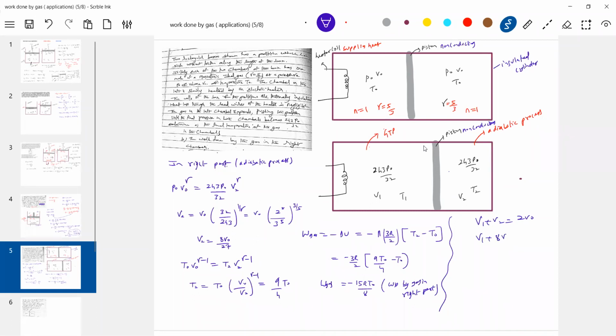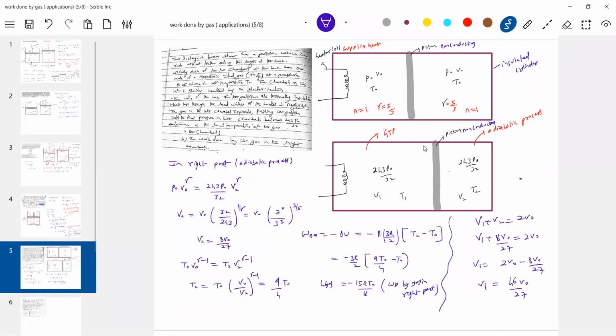Yes, sir. V2 is how much? 8V naught by 27. Okay, we'll get V1: 2V naught minus 8V naught by 27. 54 minus 8 will be 46 V naught by 27. Okay, this is V1.